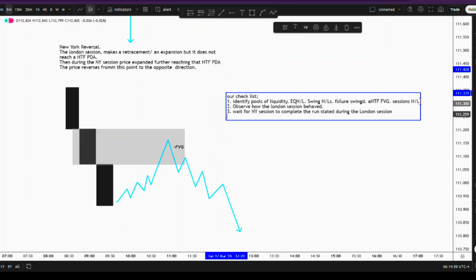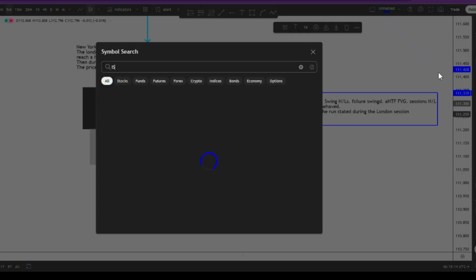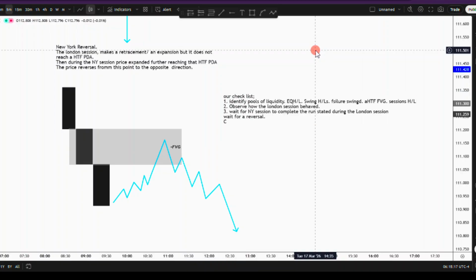Then wait for a reversal. Then a change in CSD, a change in state of delivery.